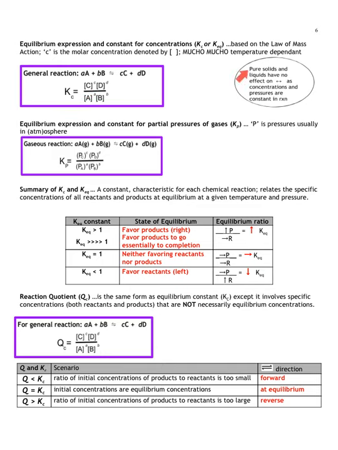The one thing you want to note is pure solids and liquids have no effect on the equilibrium. The concentrations and partial pressures are constant in a reaction, and when we say constant, we treat the concentration as though it is 1 molarity. If you plug 1 molarity into this expression, you're going to see it equals whatever other number is there.